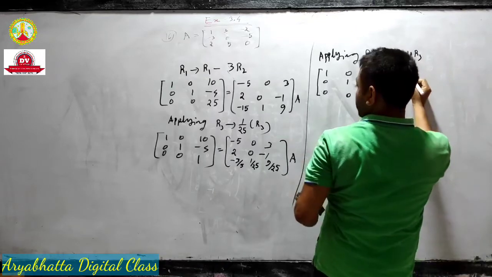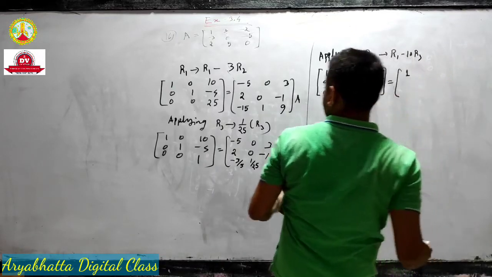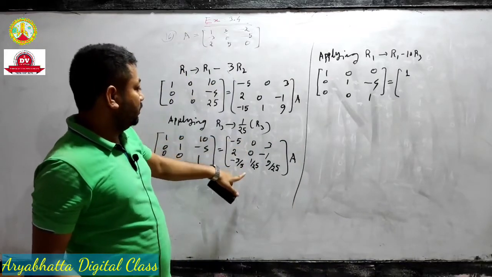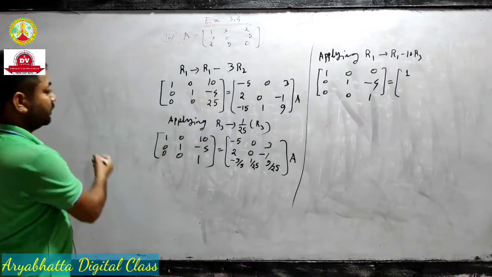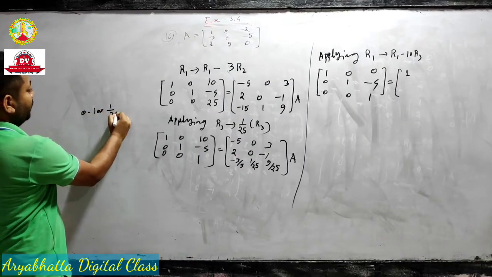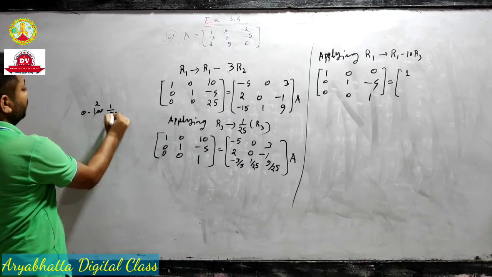This is equal to 1. Next, for these elements, R1, 0 minus 10 into 1 by 25, this is equal to minus 2 by 5.